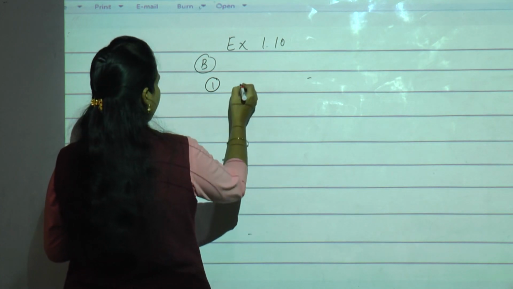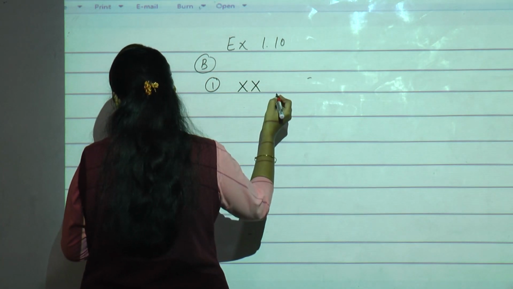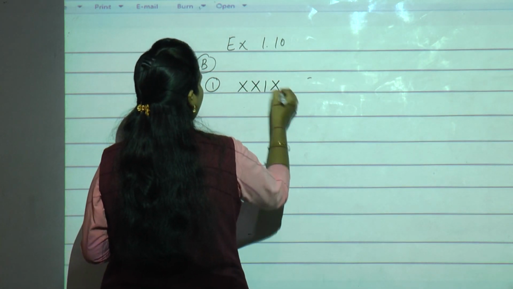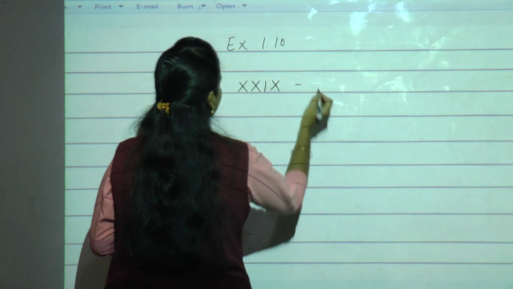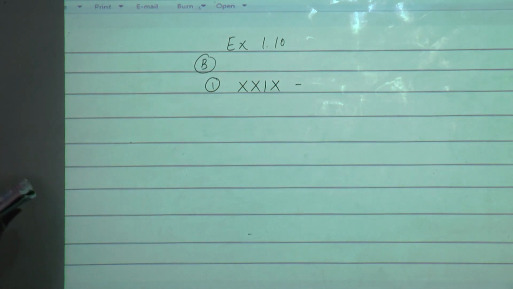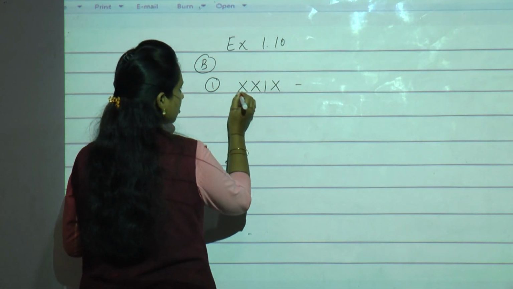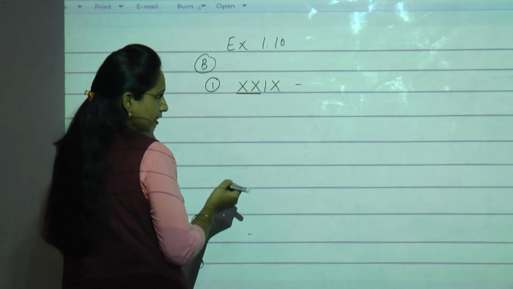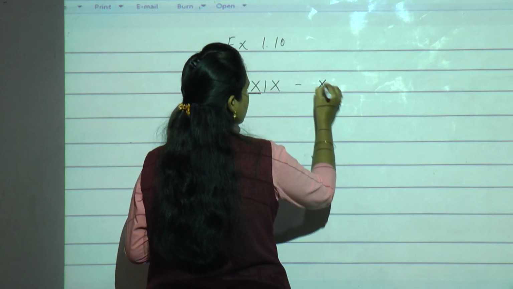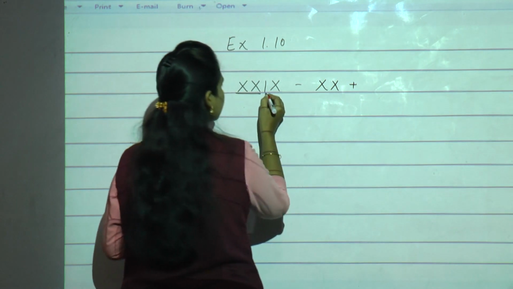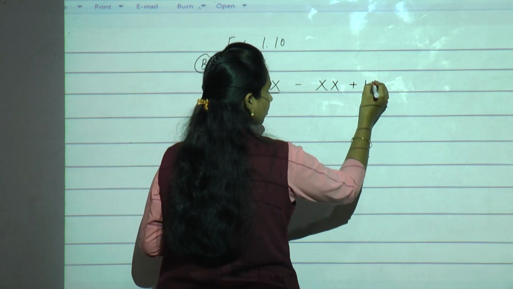Okay, let me take the first one: XXIX. Now see how many Roman numbers they have given in this. You can see double X is there. So just take double X plus IX.